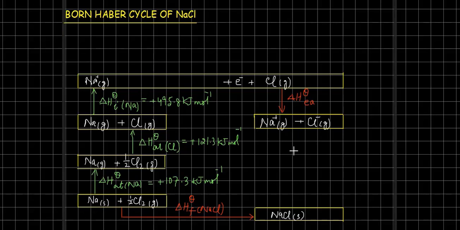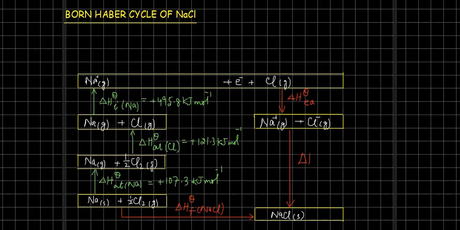So when they combine together to form the ionic lattice, the enthalpy change will be lattice energy.